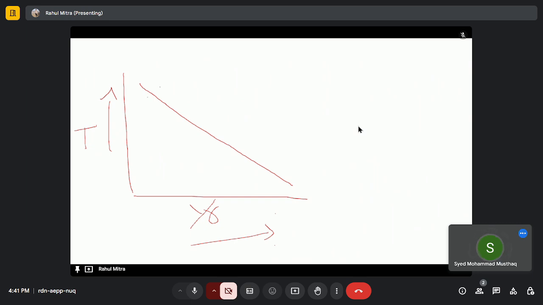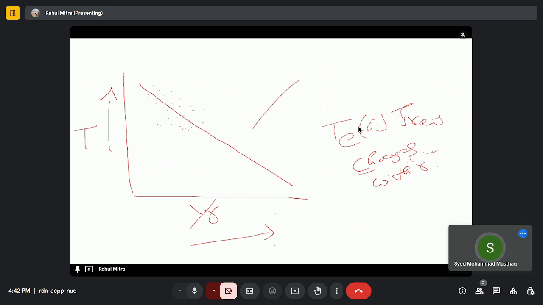And the experimental points where people had previously done it, they found they follow a straight line, showing how the equilibrium temperature or the transition temperature changes with R. This is our profile.